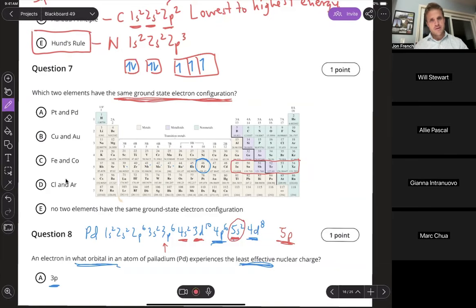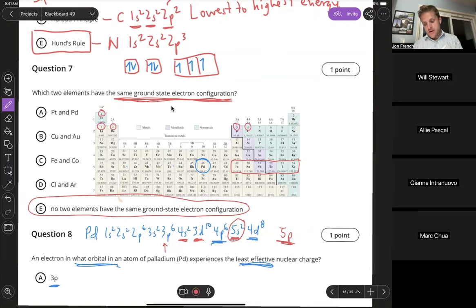Anyone want to take a stab at this one? Yeah, none. No two elements can have the exact same electron configuration, so it should be choice E, because each element has a different atomic number.